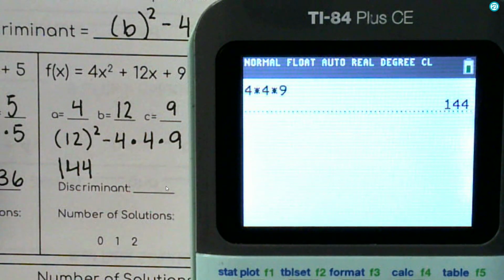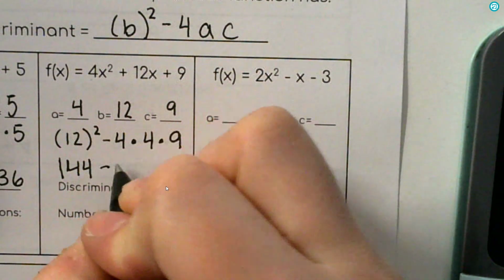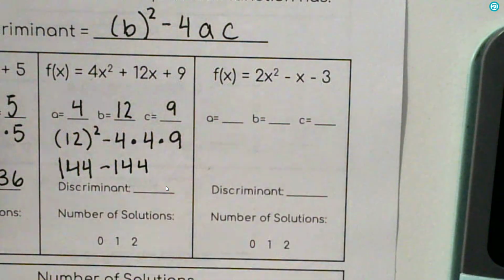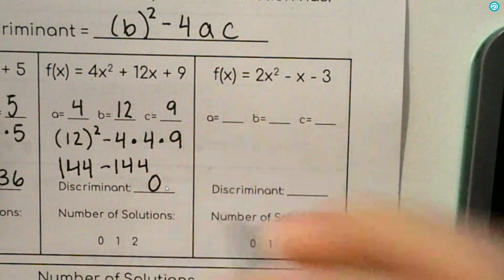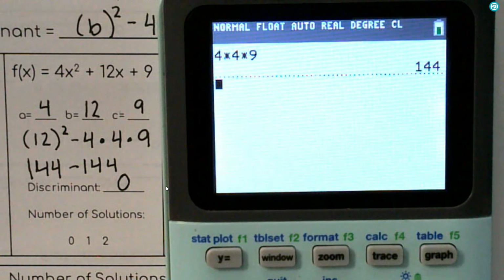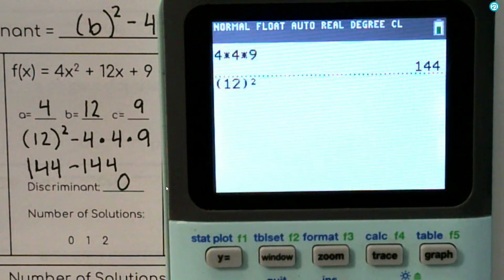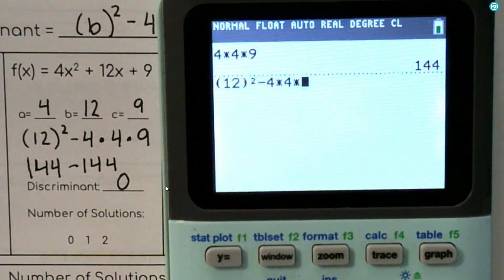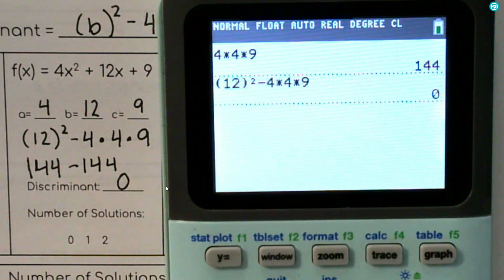So I get 144 minus 144. Anything minus itself is 0. If I wanted to, I could have done the whole thing in my calculator, 12 squared minus 4 times 9, and not had to do it separately at all.